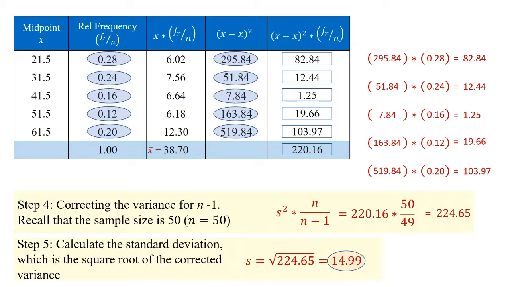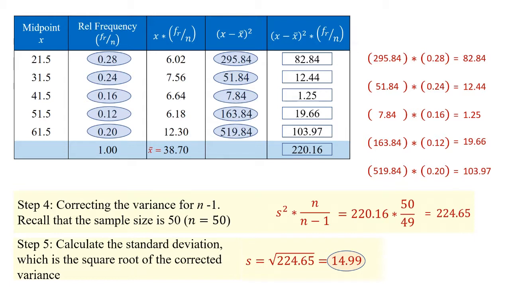To make this correction, we can multiply the calculated variance of 220.16 times 50, divide by 49, and we now have the corrected sample variance of 224.65.